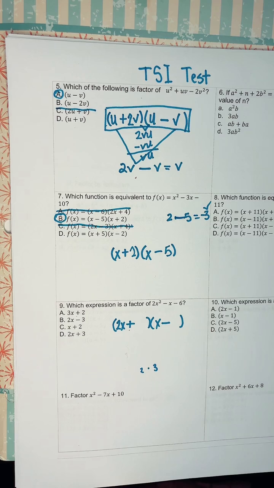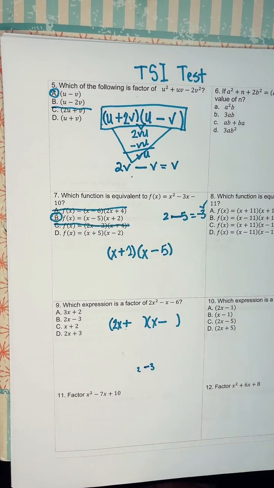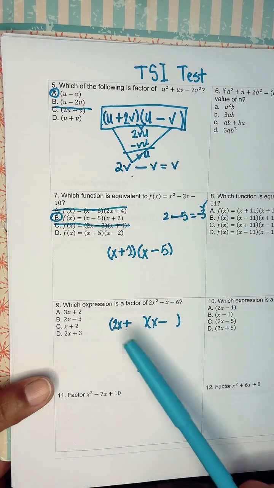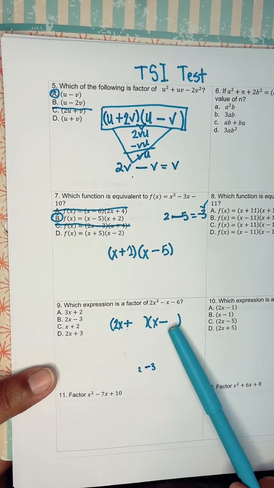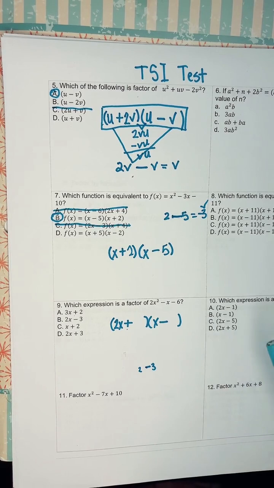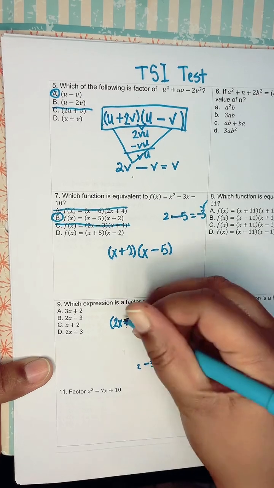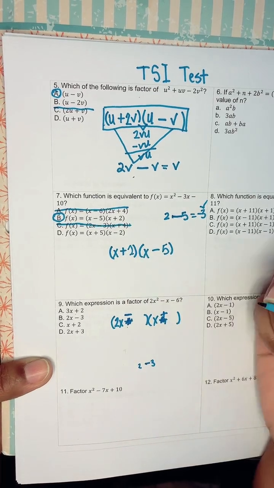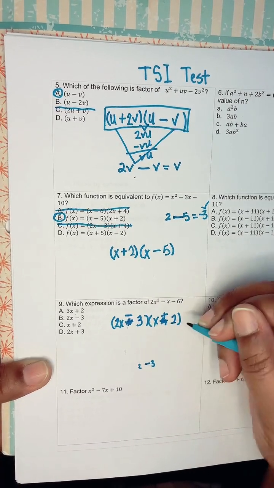So you guys are saying the 3 has to be negative. But how I wrote this plus and minus, if I write the 3 here, then I can't put 2 and 2 together. So what I have to do is switch these signs to minus and plus, and then put the 3 and the 2.